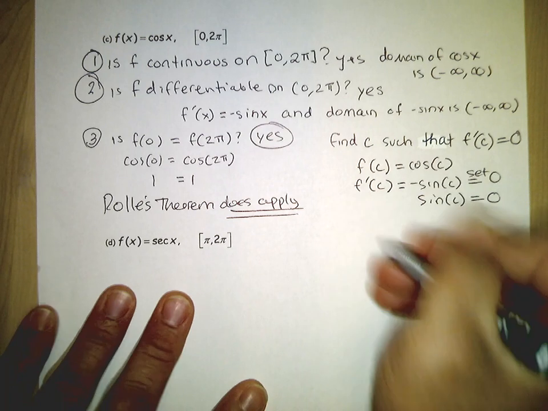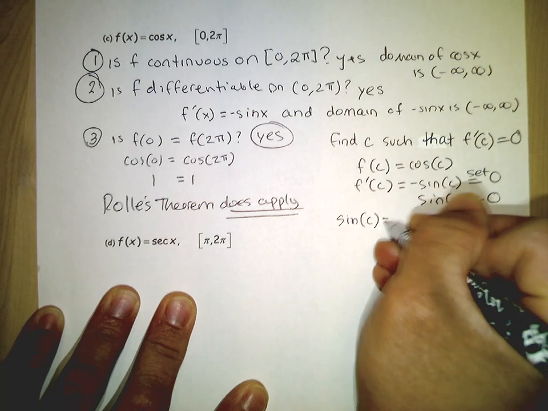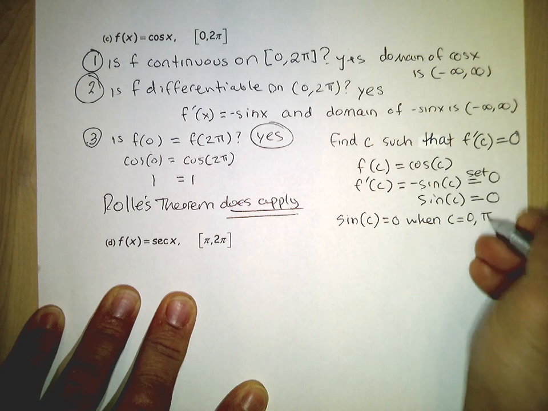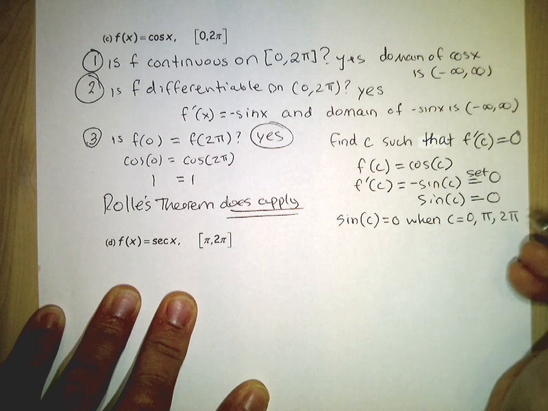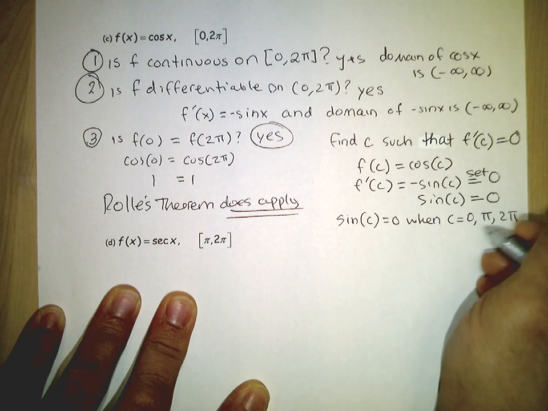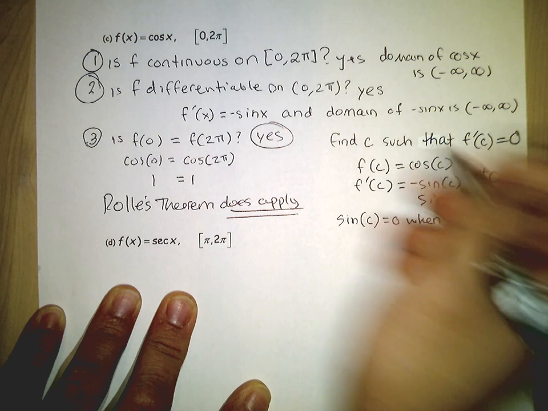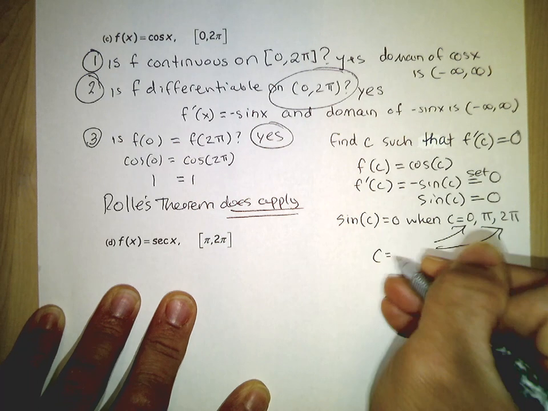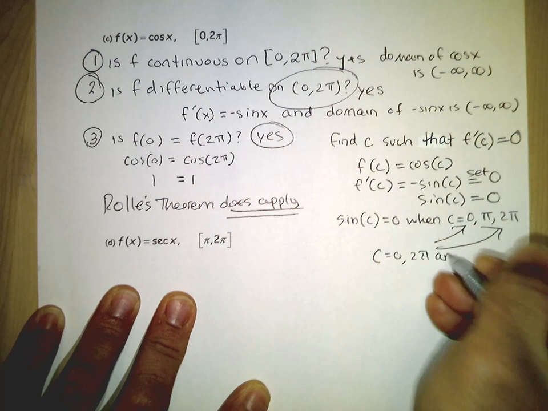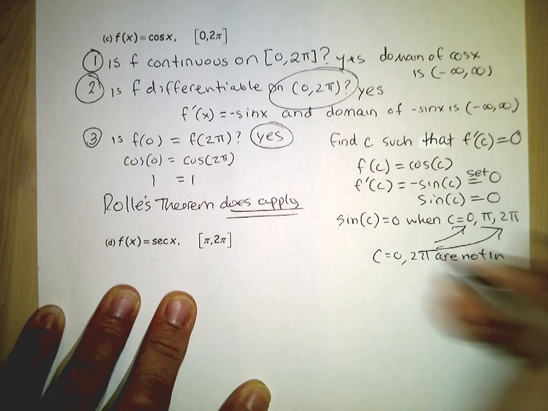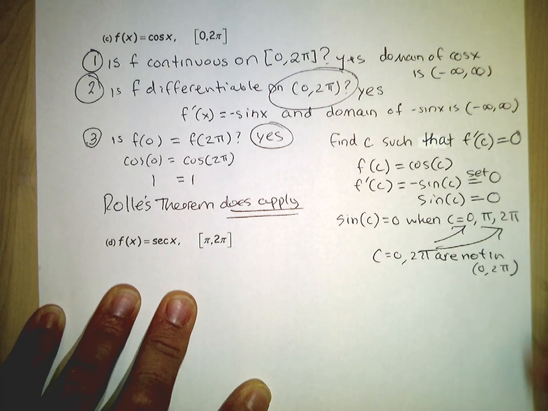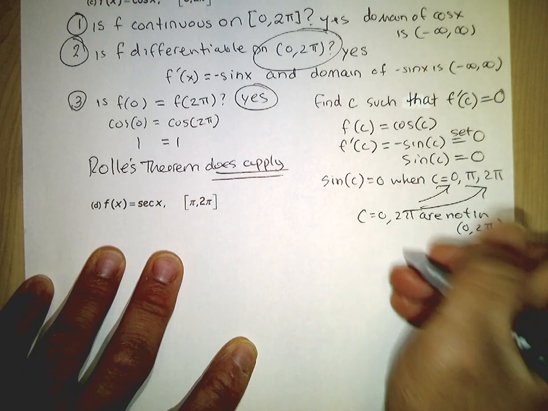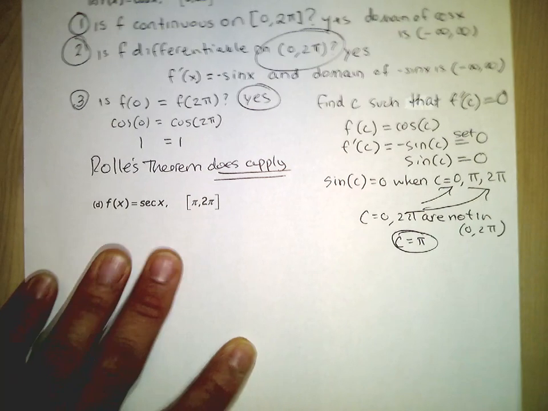And I know that sine of c equals 0 when c is equal to 0, pi, or 2 pi. But the only one of these numbers in the open interval from 0 to 2 pi is pi. So c equals 0 and 2 pi are not in the open interval from 0 to 2 pi. So that means that the solution is c equals pi.